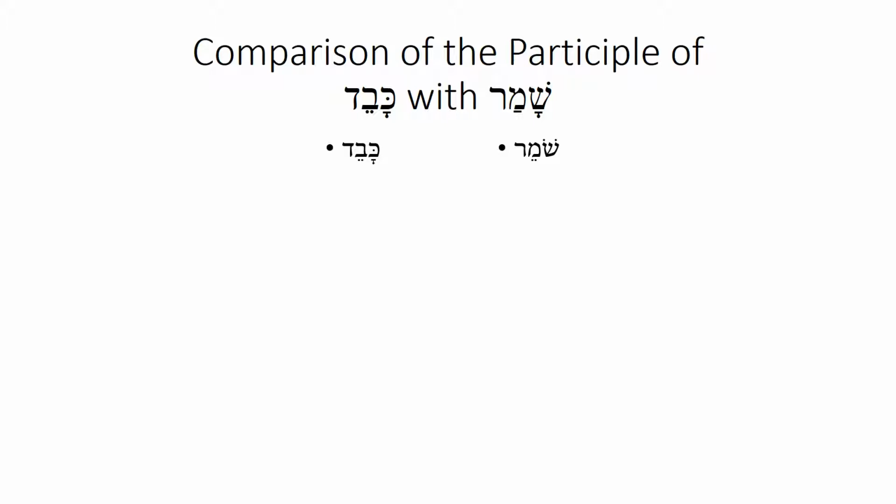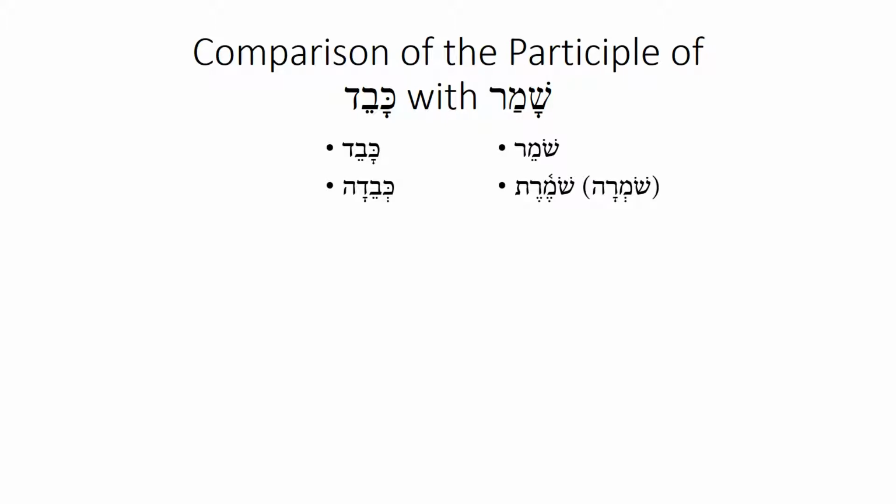And context will be the determining factor as to how to parse that. Shomra or shomereth is our participle feminine singular, and with kaved, the E-class is maintained throughout the paradigm.